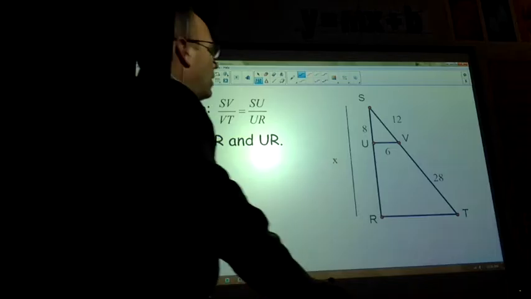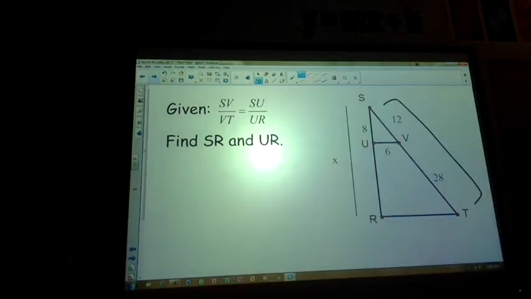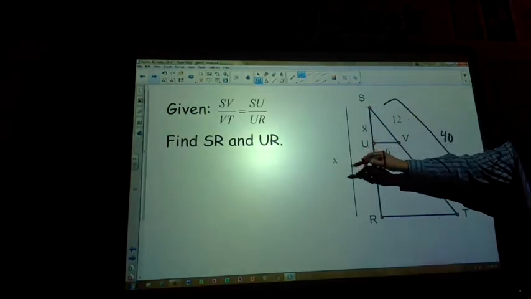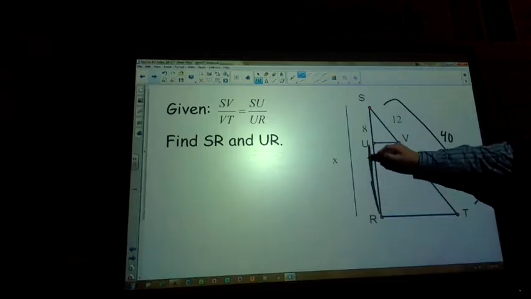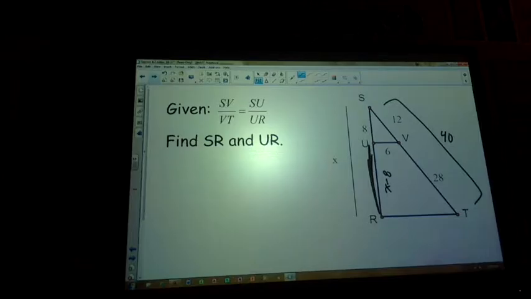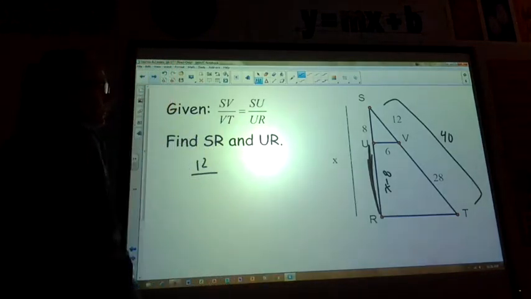So I know I have 12 and 28, so this whole length here is 40. I know that this is 8, this is x, so what's this side? x minus 8, good. So let's do our equivalent. SV is 12. VT, 28.